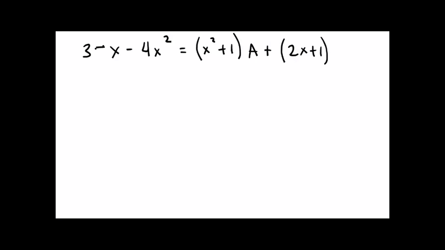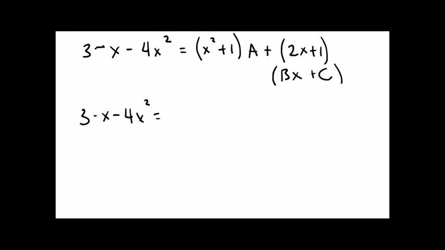To get the partial fraction decomposition of this rational expression, we must multiply by the LCD of our denominator. Now then, we will have 3 minus x minus 4x squared is equal to x squared plus 1 times A, plus 2x plus 1 times Bx plus C.